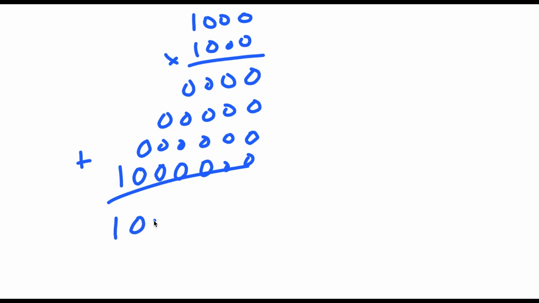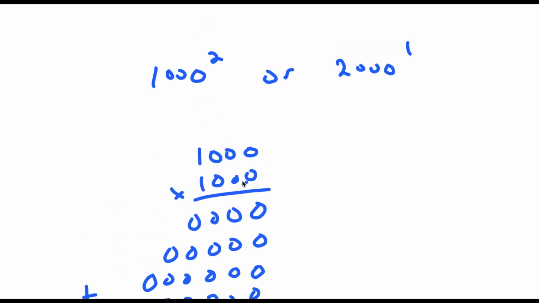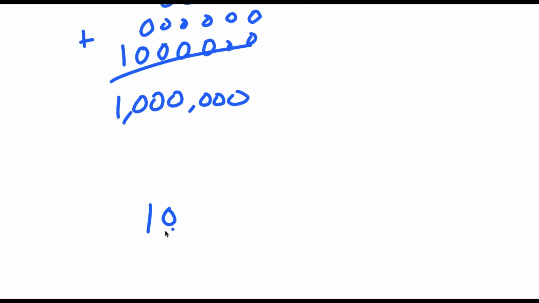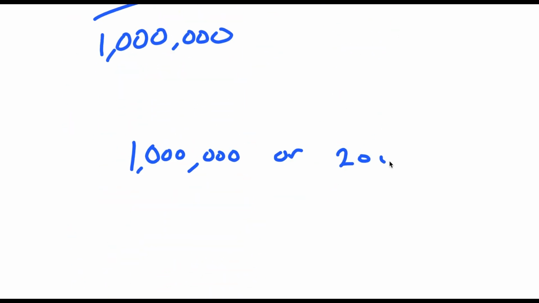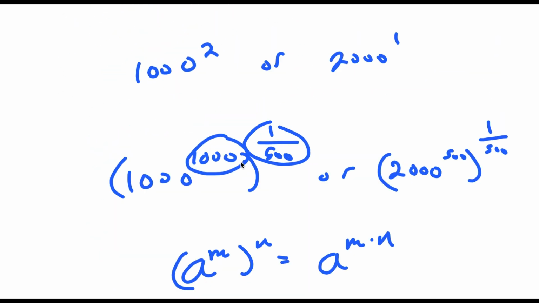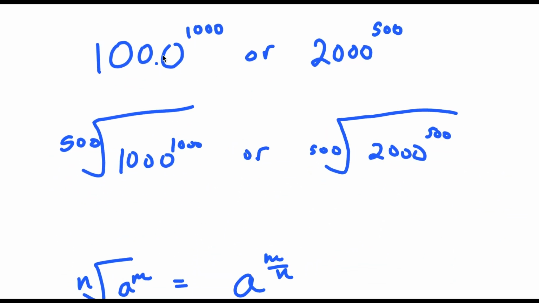So I get 1 million as the value for 1,000 squared. So I'm basically comparing 1 million with 2,000 to the power of 1, which is just 2,000. And obviously 1 million is greater, meaning 1,000 to the power of 1,000 is greater than 2,000 to the power of 500.